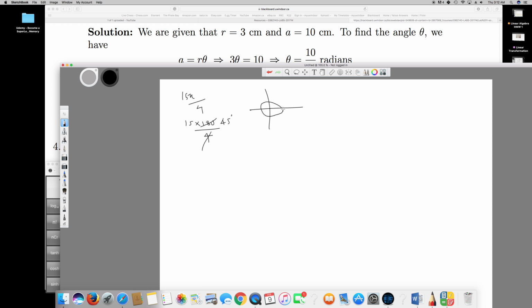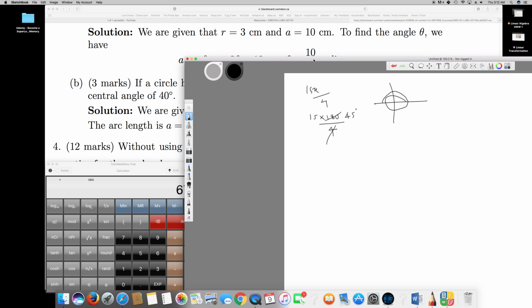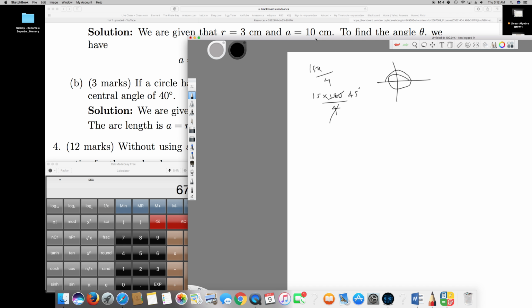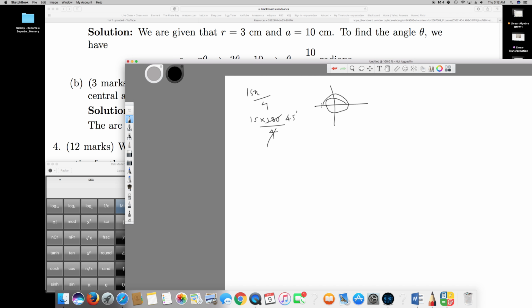So 675, let's see where it is. 360, and 360 plus 180 is 540. So from 540 we have to get to 675, so 540 plus 135. 135 means 90 plus 45, so exactly right here it is in the fourth quadrant.